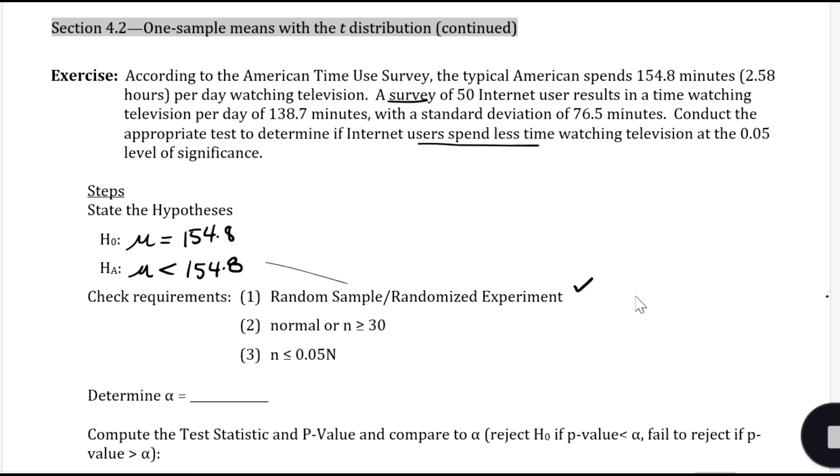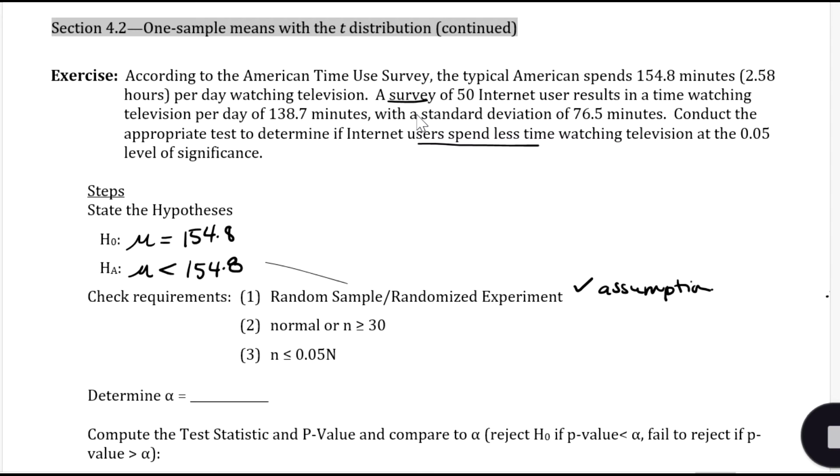That is a good assumption. If you're reading this in a newspaper article or on the internet or in a journal, you may want to see if it's a reputable source or not. But this survey, we're going to assume it was done randomly.